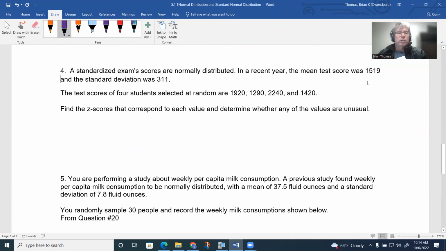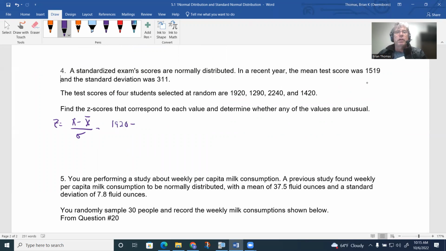So let's just do one of these. z equals, again, the formula was x minus the mean over the standard deviation. My first x was 1920, the student's score.